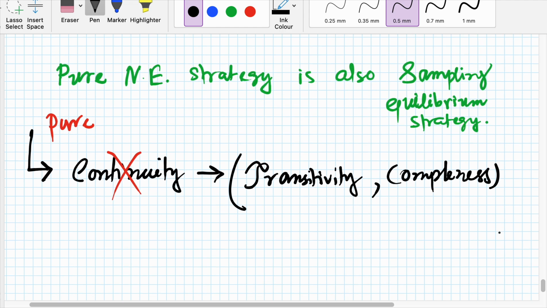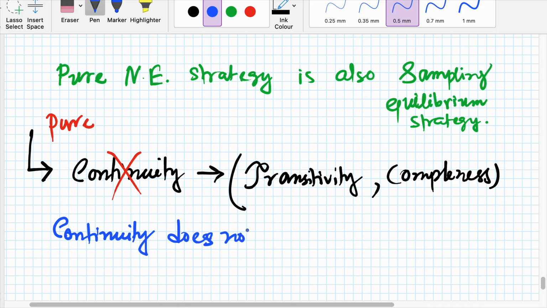And for the sampling equilibrium, the continuity does not hold, for any sampling equilibrium, mixed or pure.